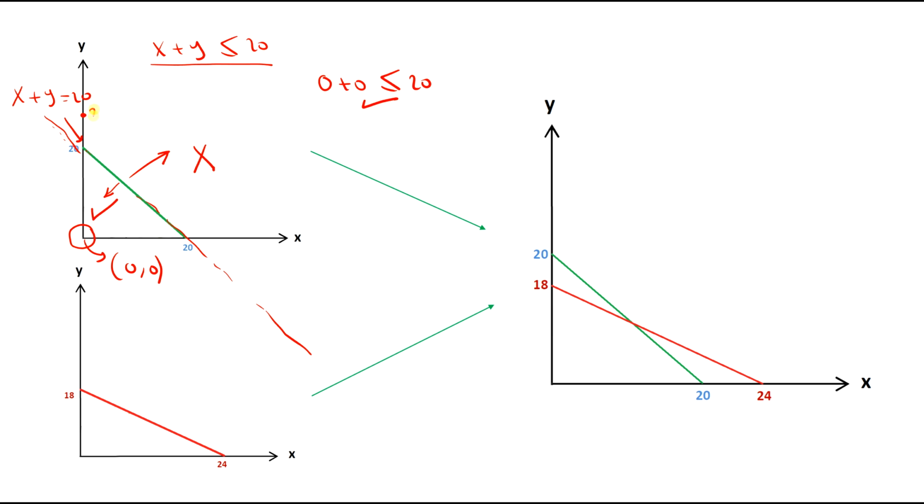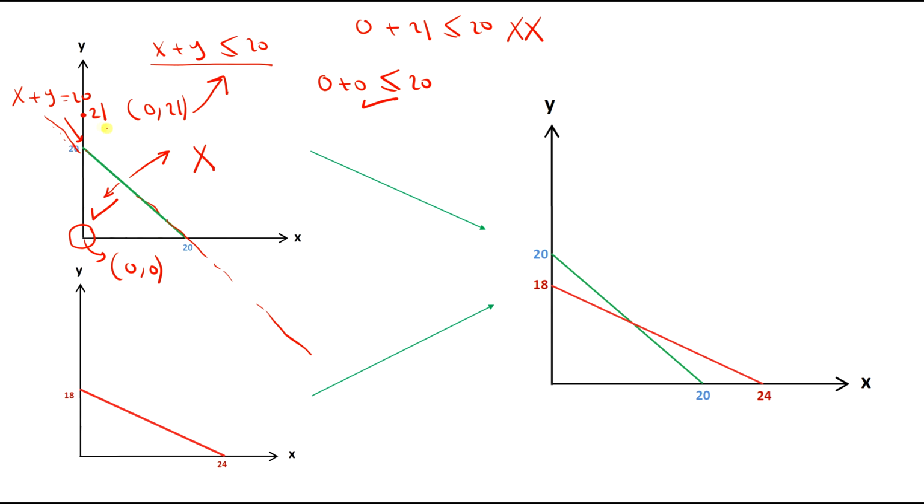Now, another way is that, let's say, for example, I select this point, let's say 0 for x and 21 for y. If I substitute it here, it will be 0 plus 21 less than or equal to 20, right? So it will be 21 less than 20. Is that correct? No, this is completely wrong.